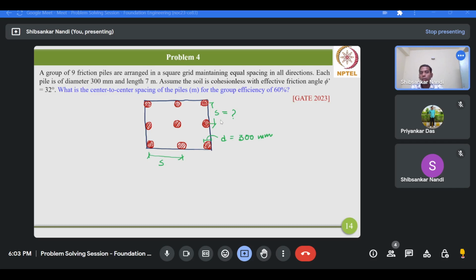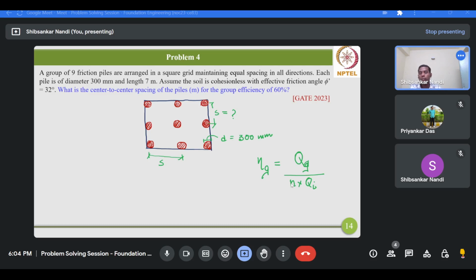Now, what is meant by group efficiency? Group efficiency is the ratio of the capacity of the pile group divided by n times the capacity of an individual pile. This will give you the group efficiency when each pile is behaving in an individual fashion.